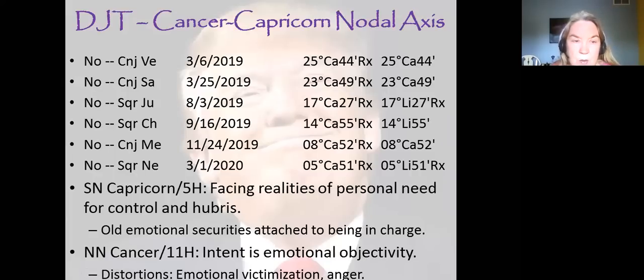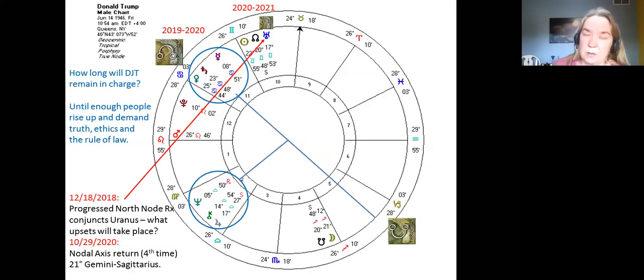And with his transiting south node, 5th house, facing realities of personal need for control, old emotional securities attached to being in charge. That north node, Cancer, 11th house, the intent is emotional objectivity. And for him, it's emotional victimization and anger. I am not a fan of Donald Trump, and I make no excuses for it.